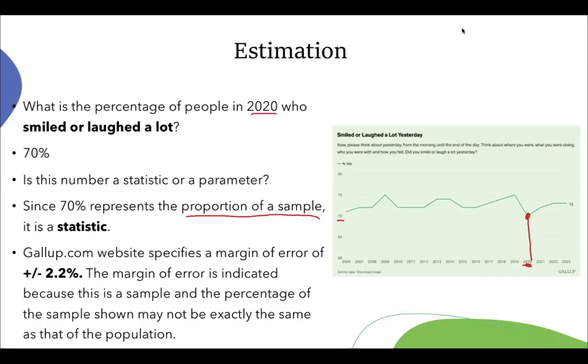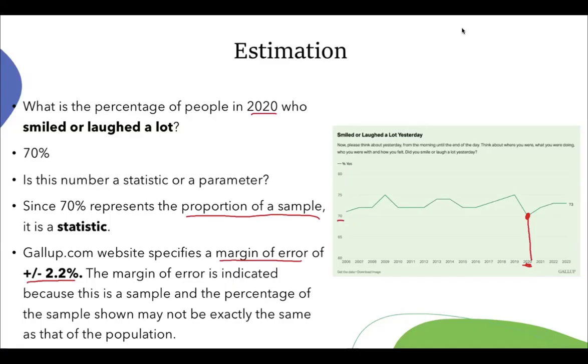So this is what I was referring to before. There's more information that you don't see just looking at this graph. Gallup provides a margin of error, and we're going to talk a lot about that today, is provided as plus or minus 2.2%. And the reason why it's indicated is because this is a sample, and the percentage of the sample may not be exactly the same as that of the population.